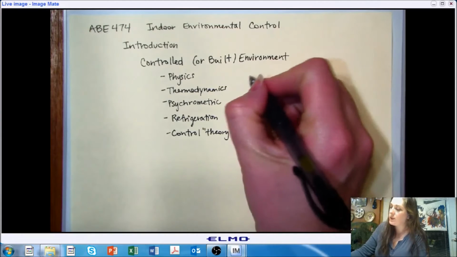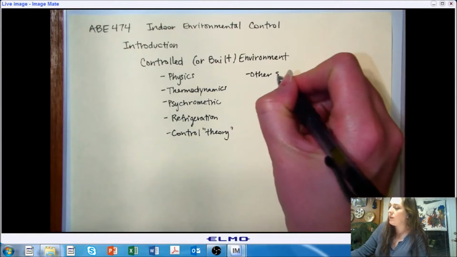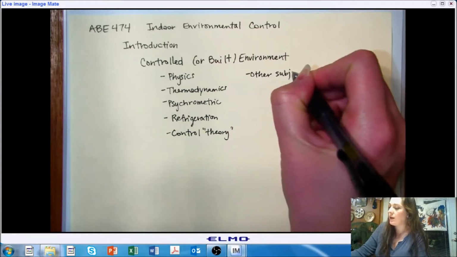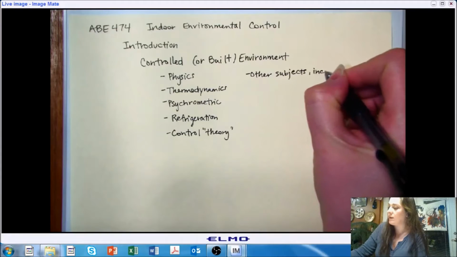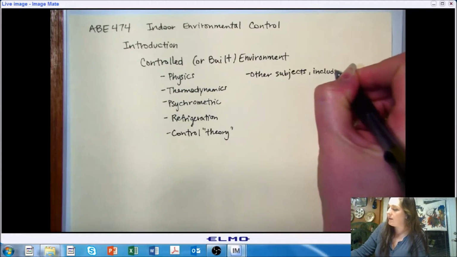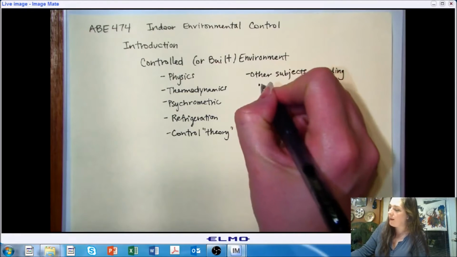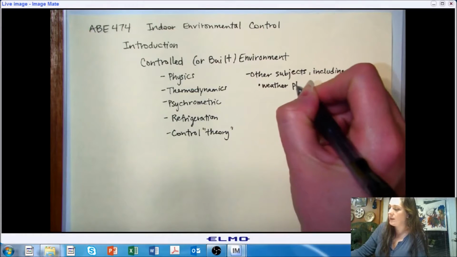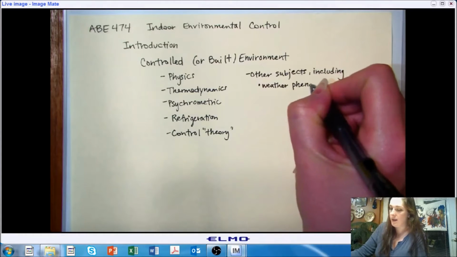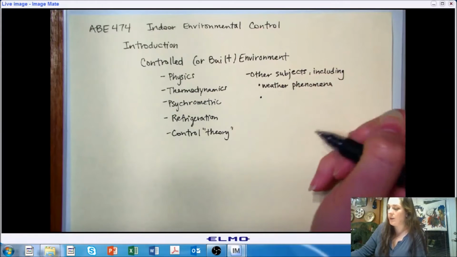It's also important to be able to understand the system that you're working in, so we need to have some knowledge of other subject areas as well that are not necessarily founded in engineering. For example, we need to know a little bit about weather phenomena, because that has an impact on the environment that we're trying to control.